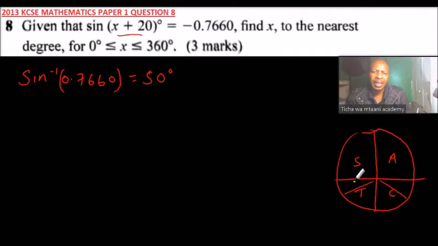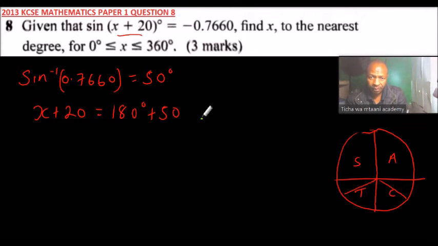Then from there, to get the angle equivalent to this in the third quadrant, then we say x plus 20 is equals to 180 degrees plus 50, and it is also equals to, in the fourth quadrant, 360 minus 50, so that we get this angle here and this angle, which will represent the sign of minus, because our value here is minus.